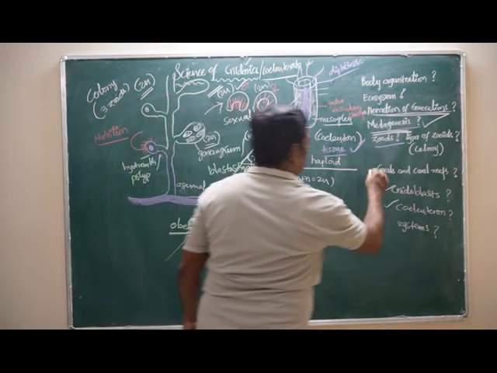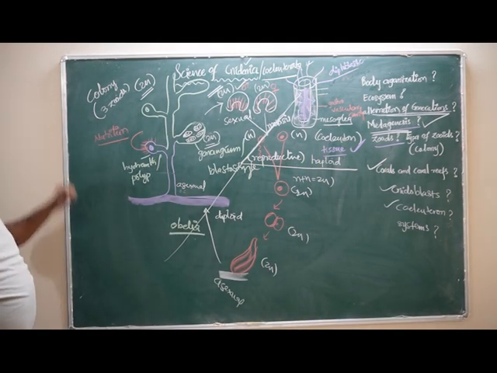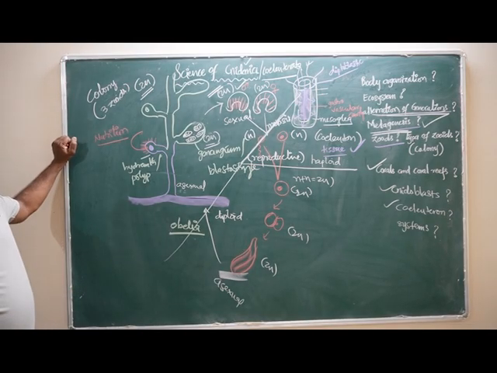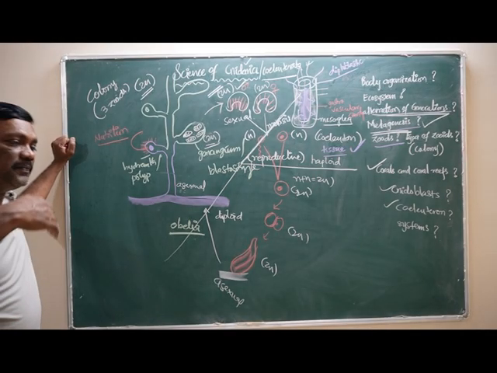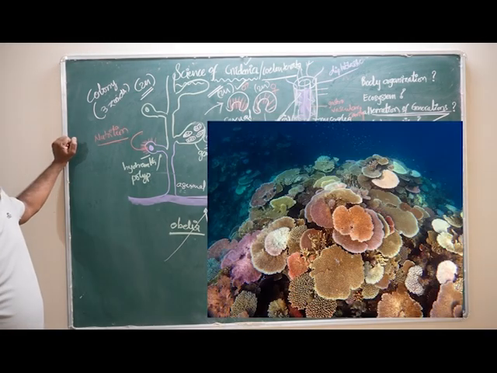Next topic is corals and coral reefs. Corals and coral reefs are another special character of these Cnidarians or coelenterates. Some corals are Cnidarian or coelenterate organisms. They can produce a calcium carbonate shell around their body to protect themselves from surrounding enemies.